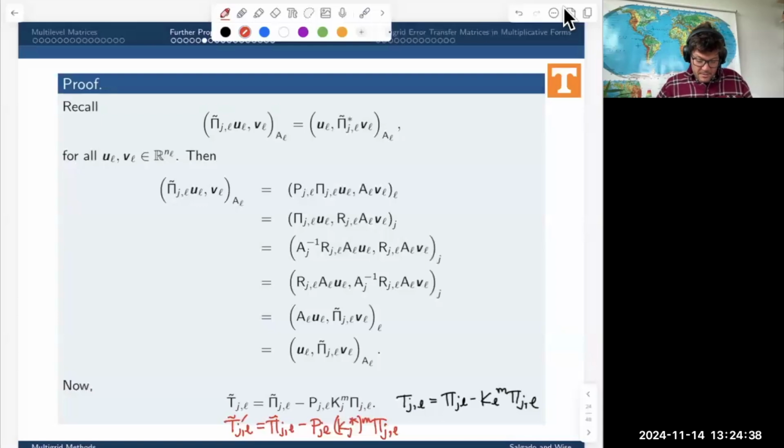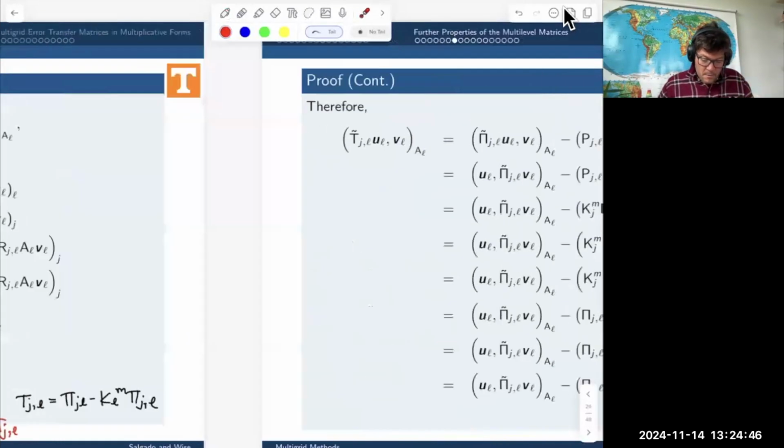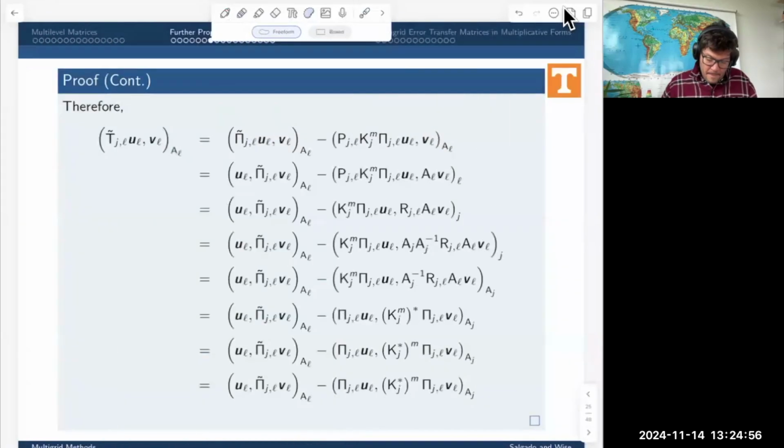So how close am I to getting that? Well, the only thing I'm missing is this guy. So let me copy it and then try to fill in that last bit of detail. So I want that guy to appear on the other side.